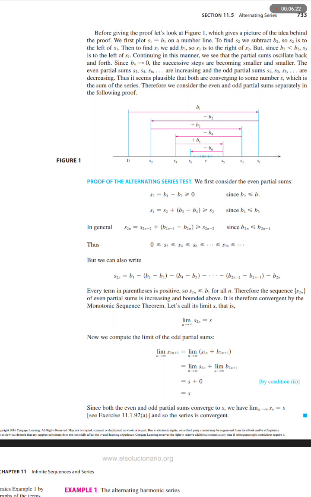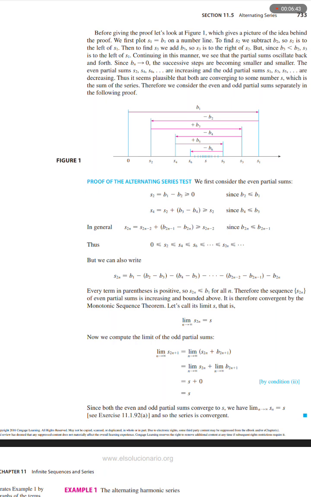Thus, 0 is less than or equal to s sub 2, which is less than or equal to s sub 4, which is less than or equal to s sub 6, ellipsis, which is less than or equal to s sub 2n, which is less than or equal to ellipsis.